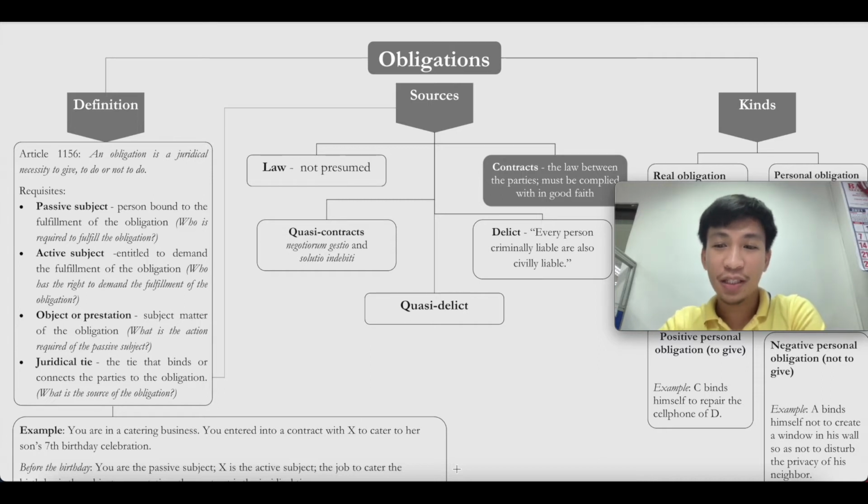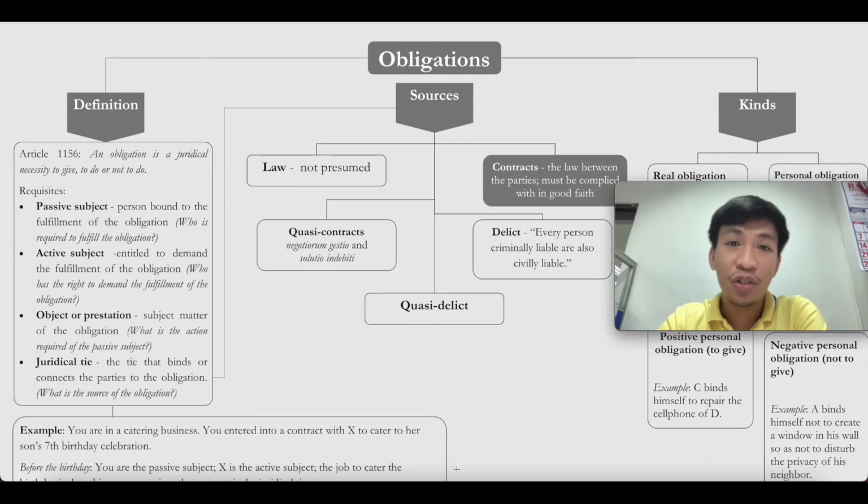So who is the passive subject in that obligation? So the passive subject, again, balikan natin, is the person bound to the fulfillment of the obligation. Sino ba ang obligado na i-fulfill yung obligation? In that case, it's me. So I am the passive subject in that obligation.